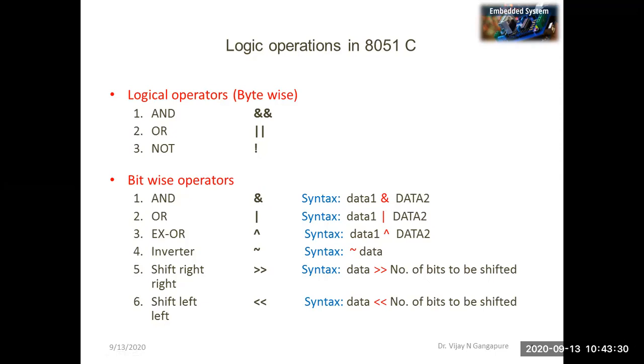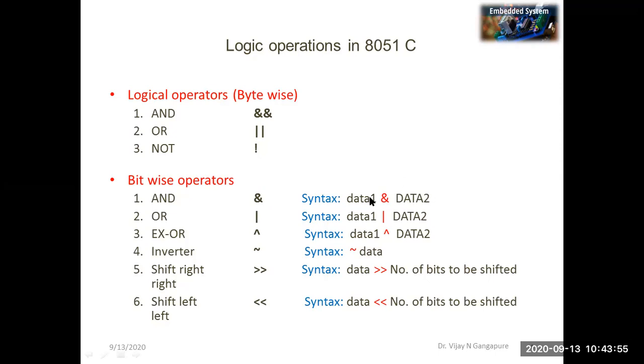Data 1 is 8-bit data, and data 2 should also be 8-bit data. Now how does this bitwise AND operator operate on these 2 bytes? It will do bitwise ANDing operation.